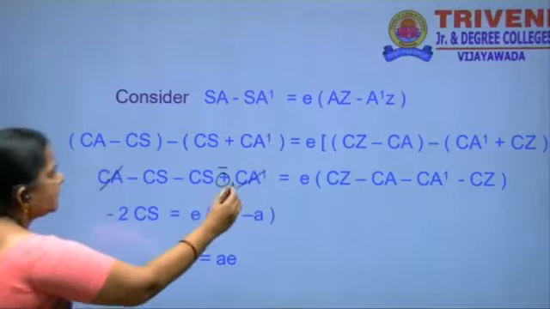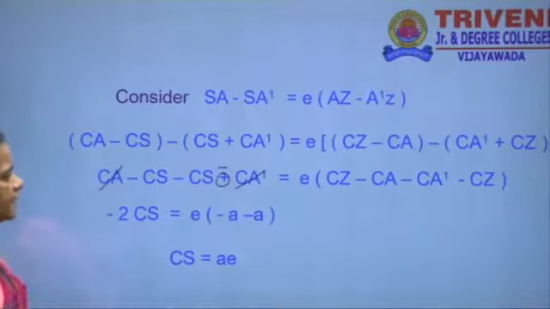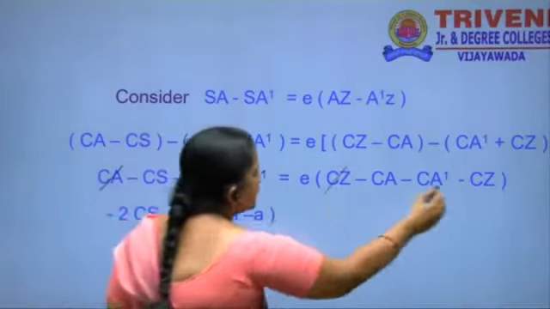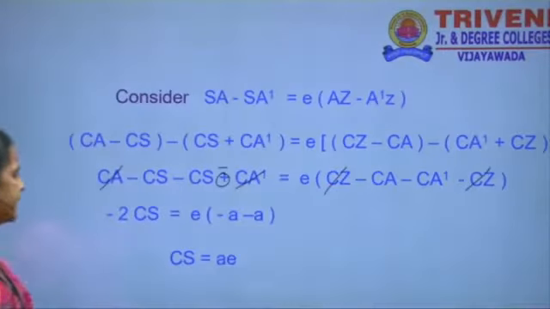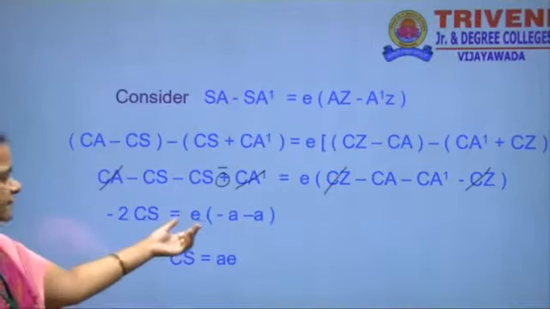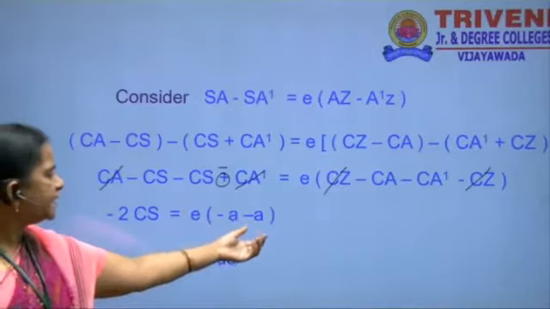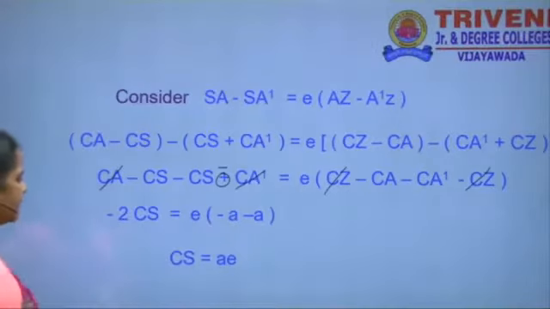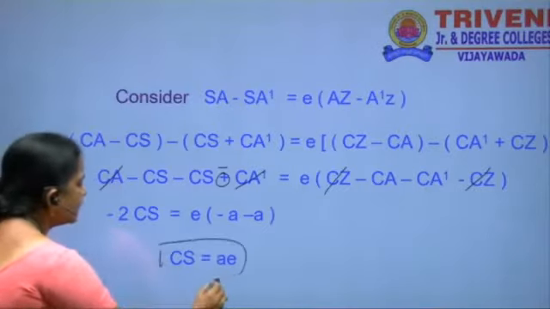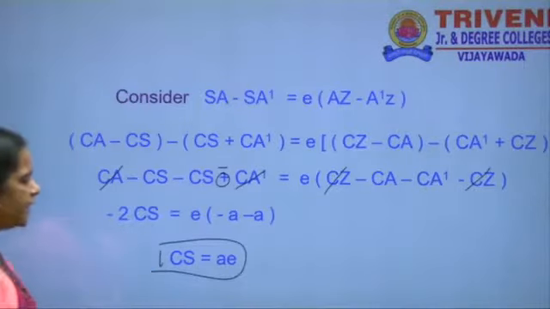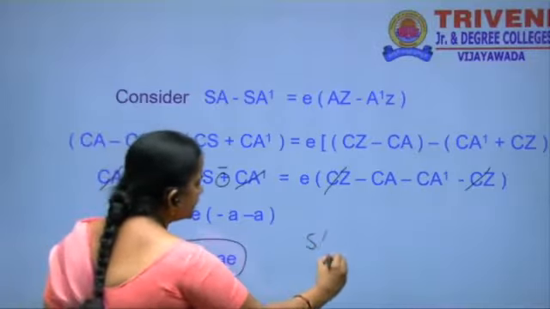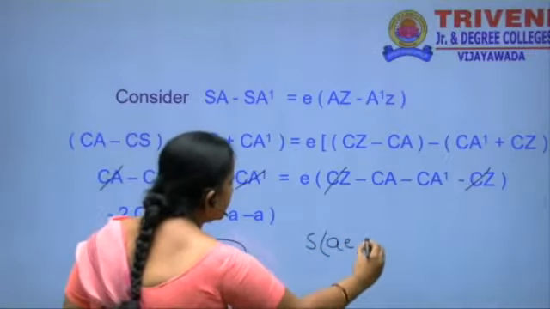CA and CA dash get cancelled, and CZ and minus CZ get cancelled. Minus 2CS is equal to E into minus a minus a. Minus minus gets cancelled and 2 gets cancelled. Then we get the value of CS is equal to aE. Here the focus is aE comma 0.